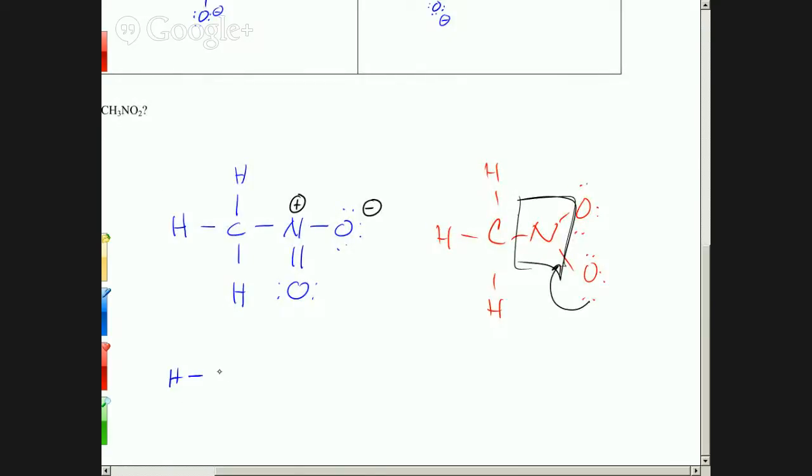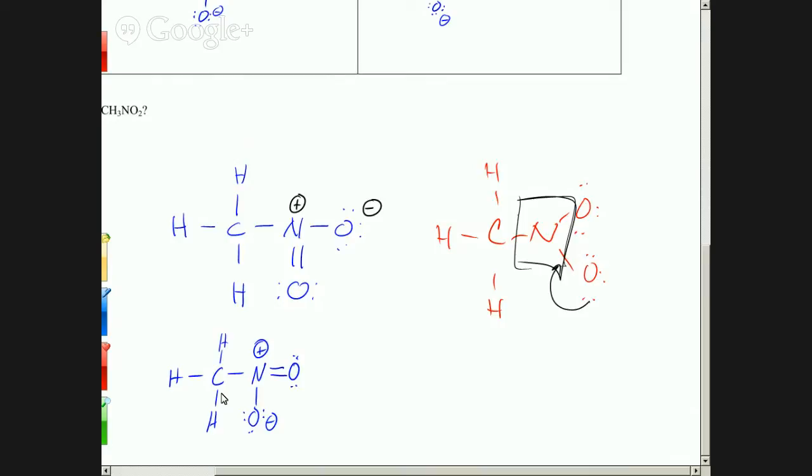What if I drew this like this? Very slightly different. All I've changed is where the double and single bond are. So are those different or are those the same?